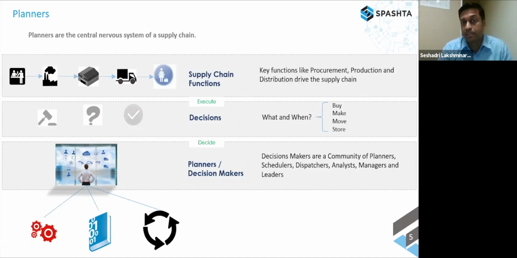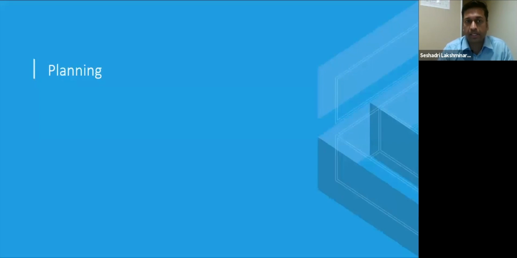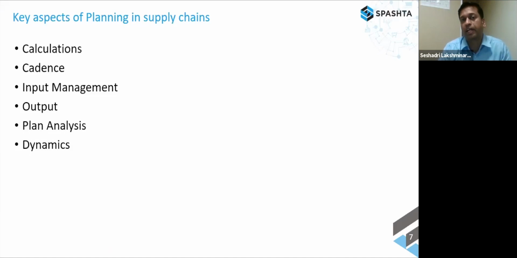Demand plan is its own entity in itself. There are various aspects of demand plan that are quite different from the supply side of things. But like I said, the example that I will keep referring to is the supply plan. It doesn't mean that the things said here do not apply to other planning activities. They absolutely do. Just as an example, I'll probably refer to supply plan more than others.